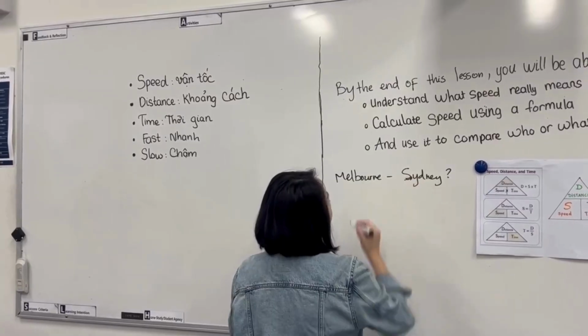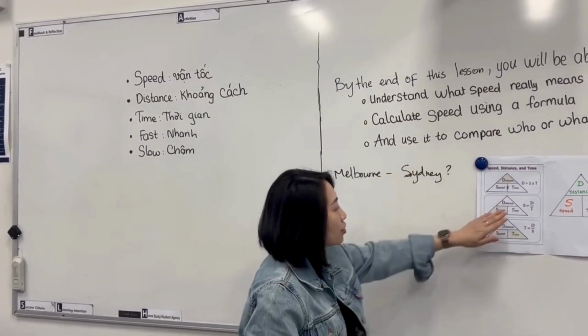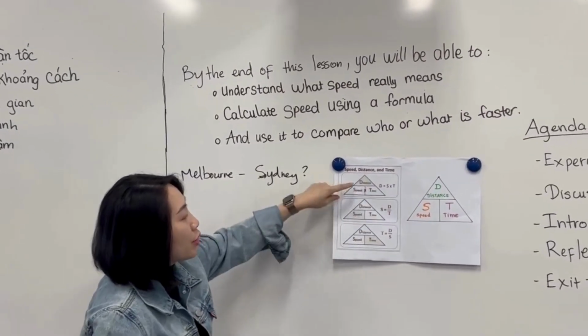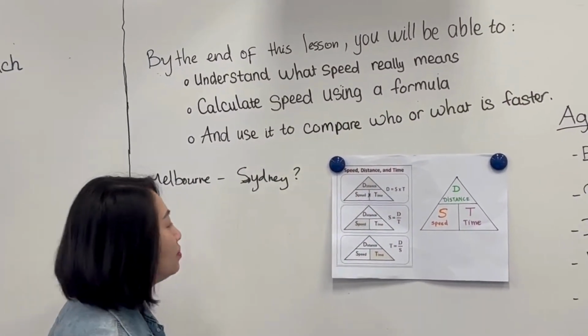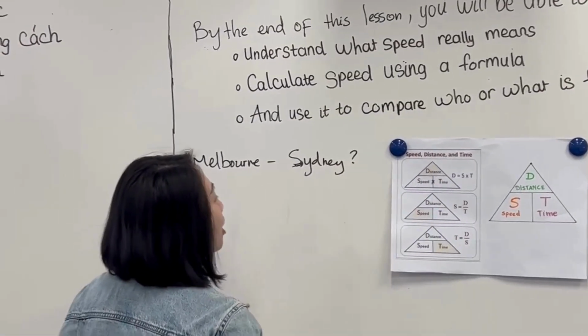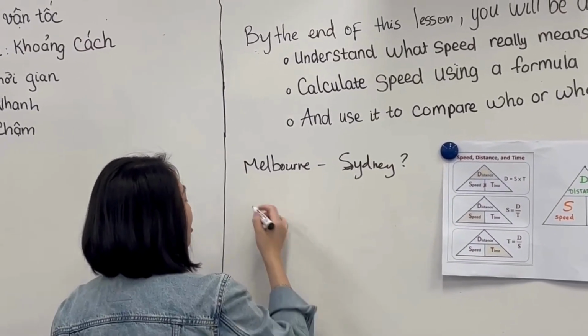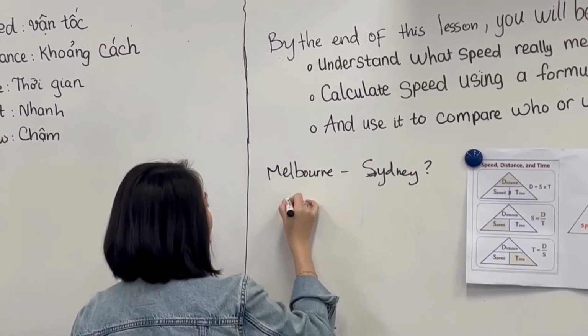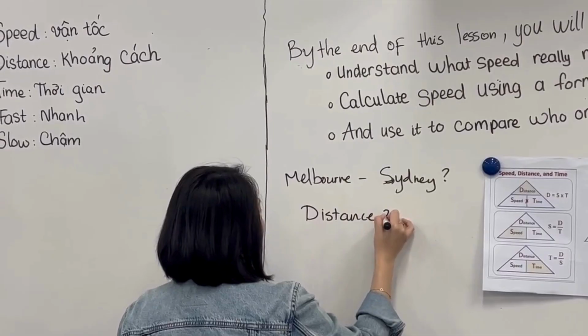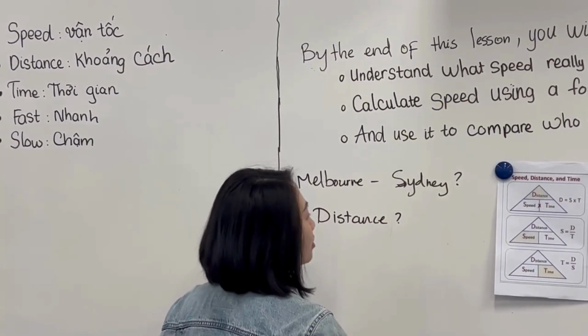We already know about this formula, so I don't want to talk about this one anymore. Maybe we're going to do the first formula. For this first formula, how can we apply it? We need to find out the distance from Melbourne to Sydney.